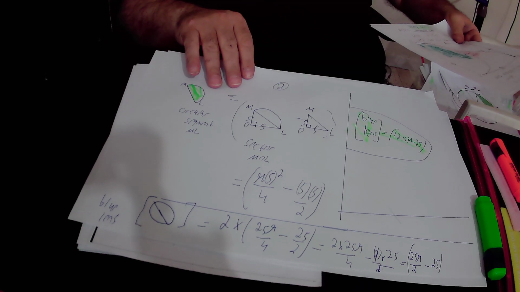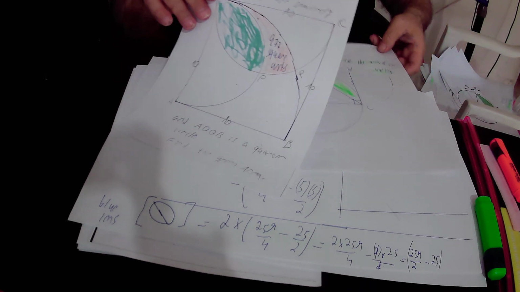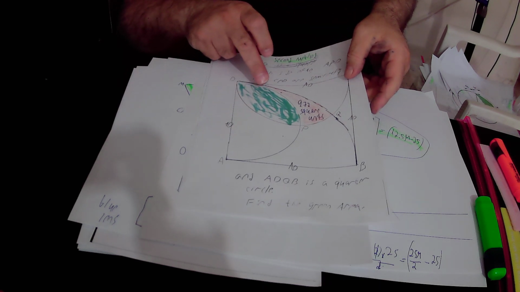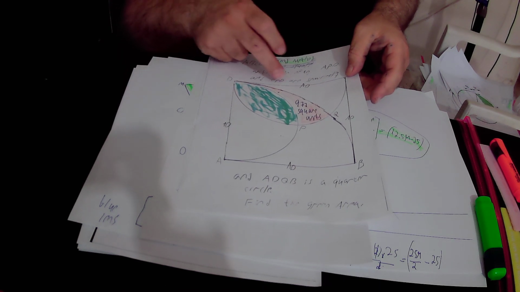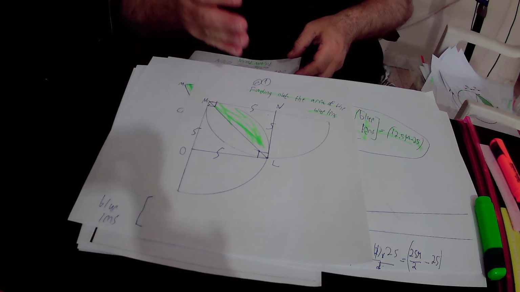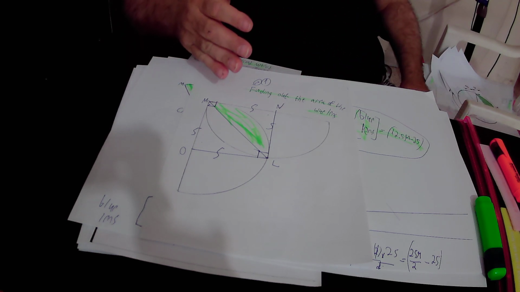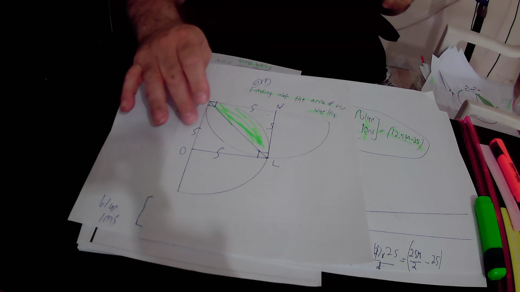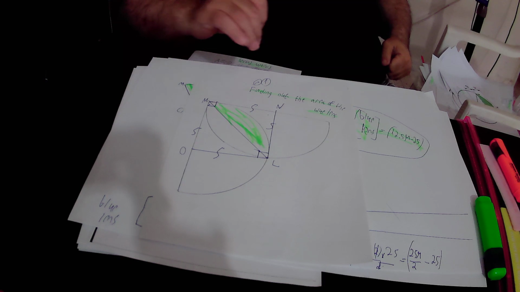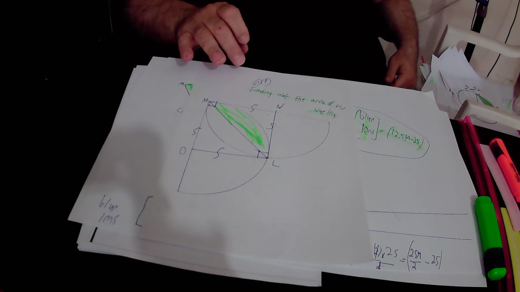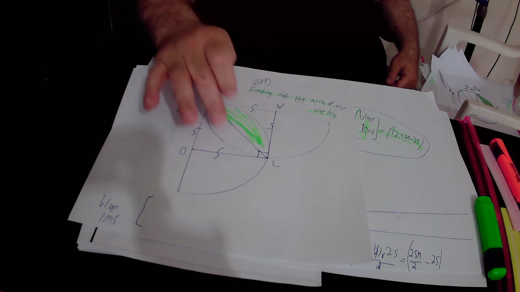Okay, so now the area of the blue lens is created by the intersection of the two semicircles with each other. We know that the radii of the two semicircles are equal to 5 units, so a equals b equals 5 units. Now our mission is to find out the area of the blue lens.